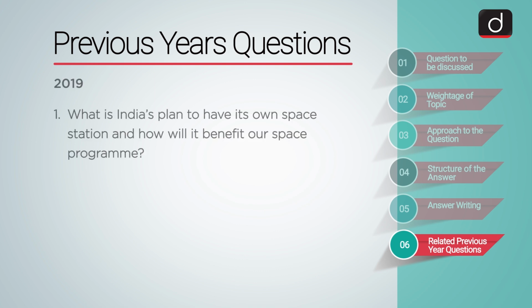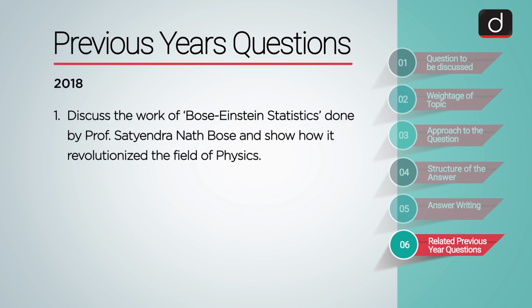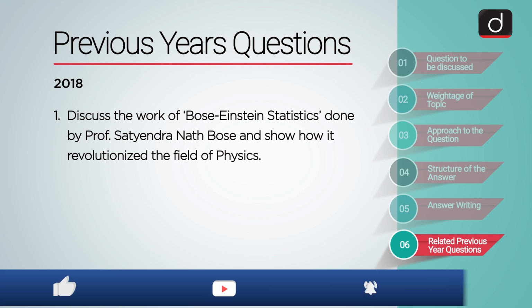In 2019, the following question was asked. What is India's plan to have its own space station and how will it benefit our space program? In 2018, the following question was asked. Discuss the work of Bose-Einstein statistics done by Professor Satyendranath Bose and show how it revolutionized the field of physics.